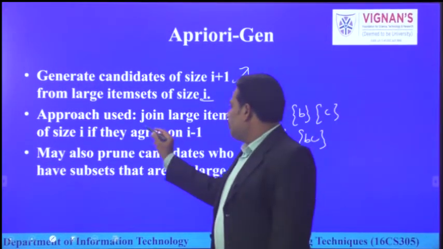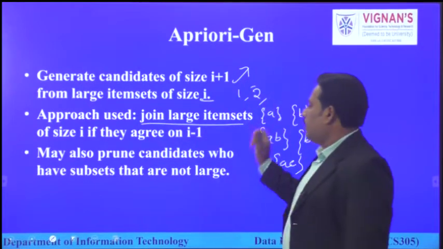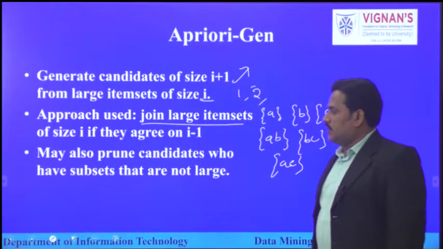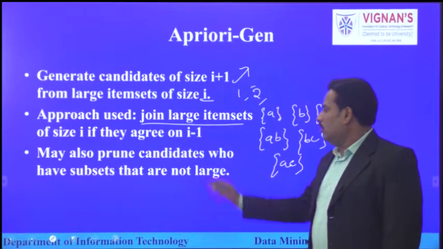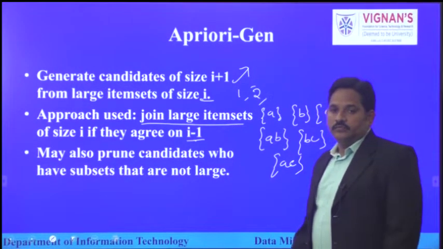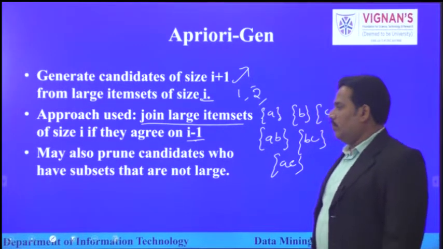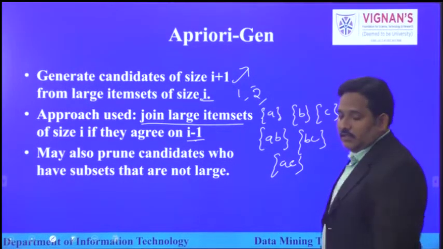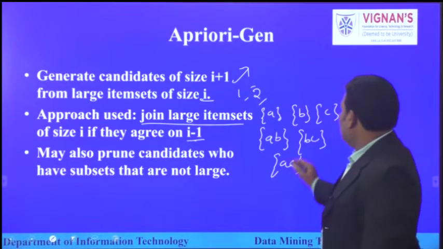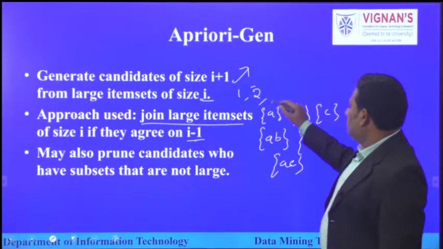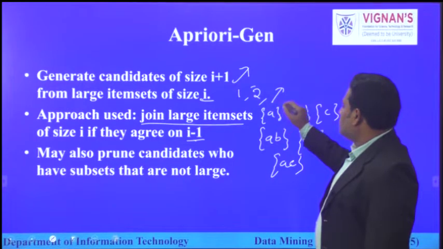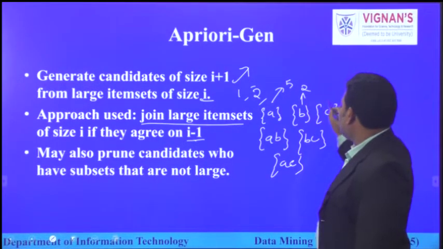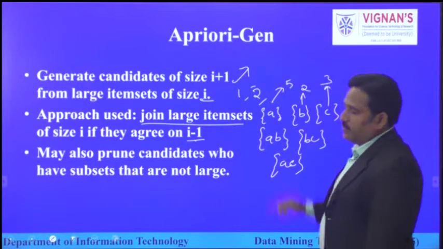Now what is the approach we used here? We applied a join operation. That means join large item sets of size I if they agree on I minus 1. We may also prune candidates whose values are not large. That means, let us assume item set A is repeated 5 times, B is repeated 2 times, C is repeated 3 times.